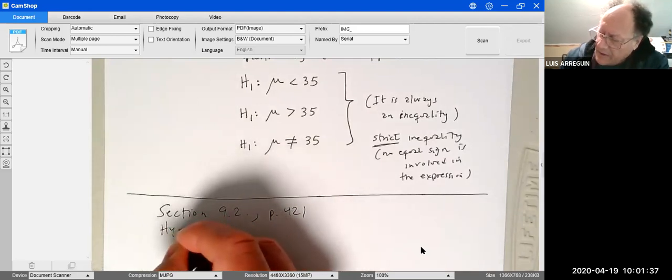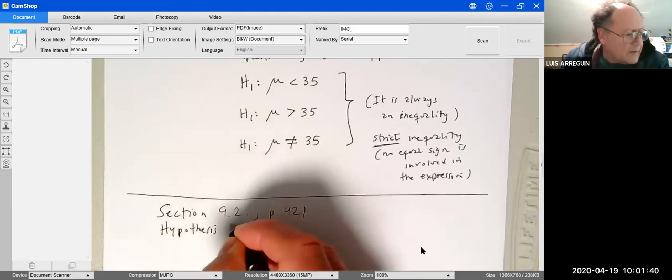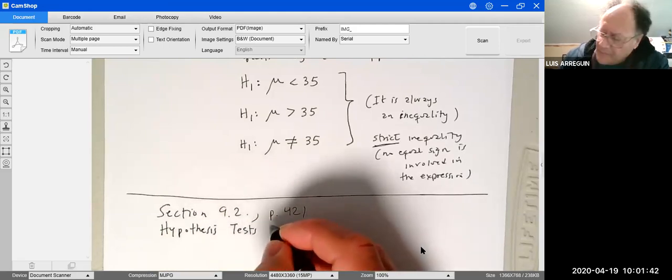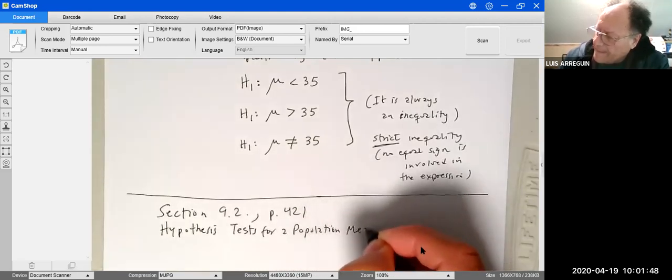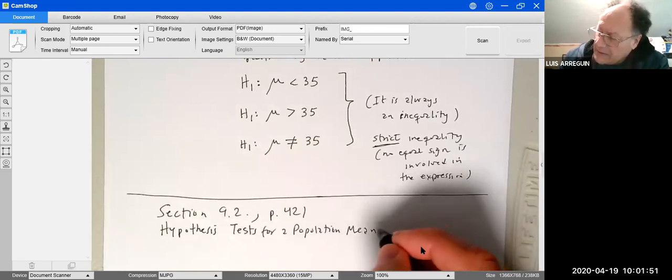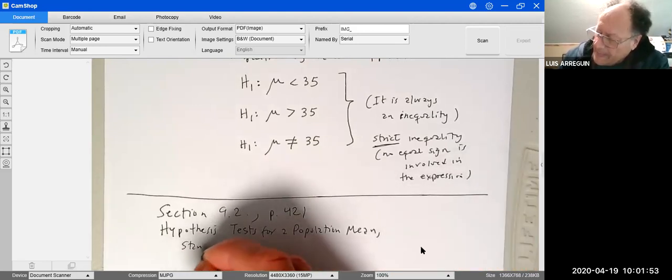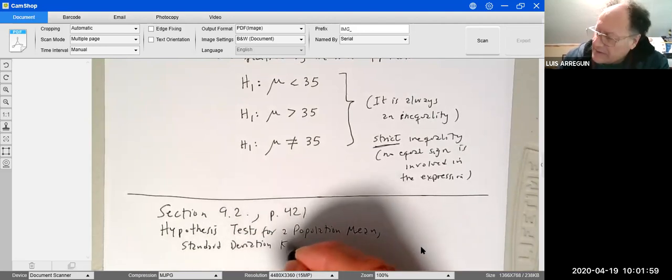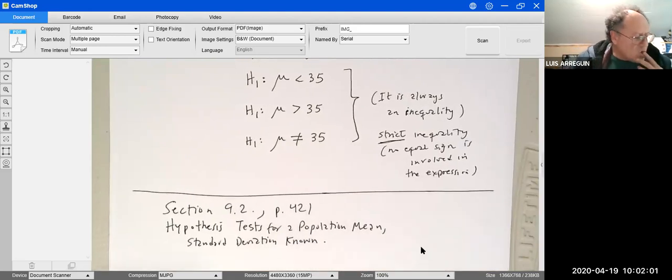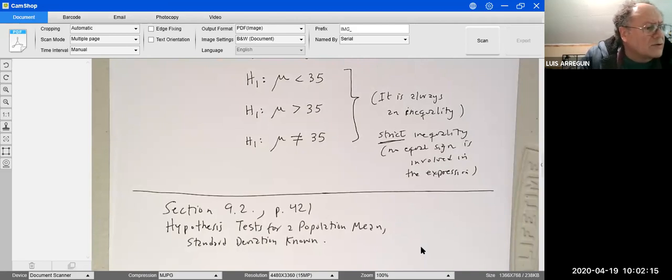This is going to be about hypothesis tests for a population mean, where the standard deviation is known. This is going to be the first kind of problem that we're going to solve. Now you're going to see the different methods, the critical value method and the p-value method. So let's see.